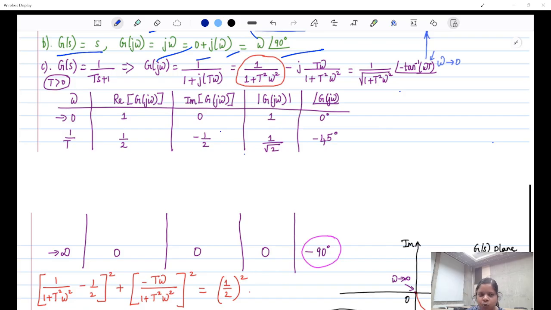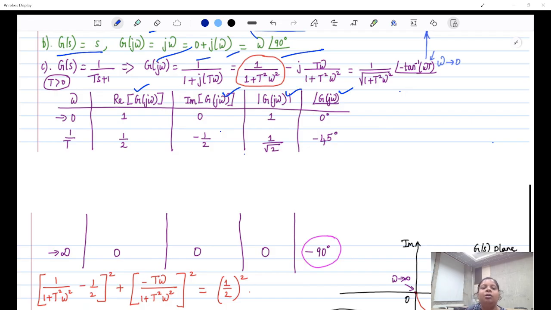You just have to take very simple steps. It is something that you won't forget. You just have to find these points at omega equal to 0, at omega equal to infinity, and at omega equal to the corner frequency. That's it.